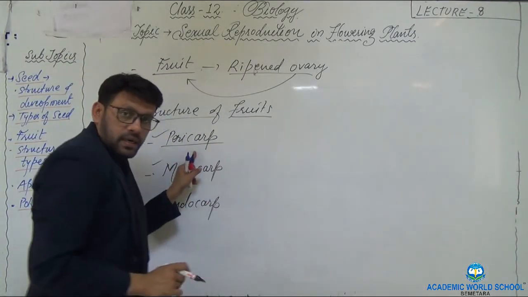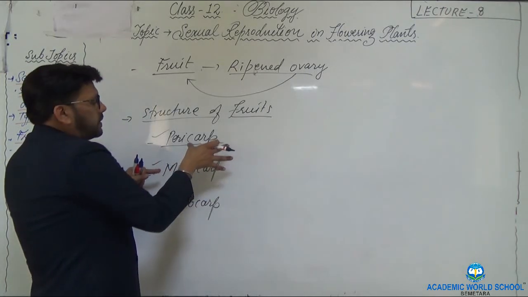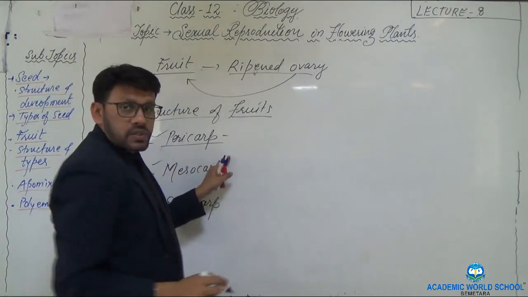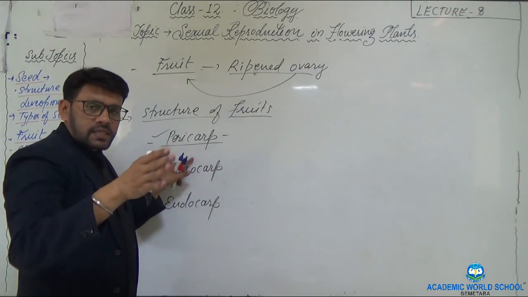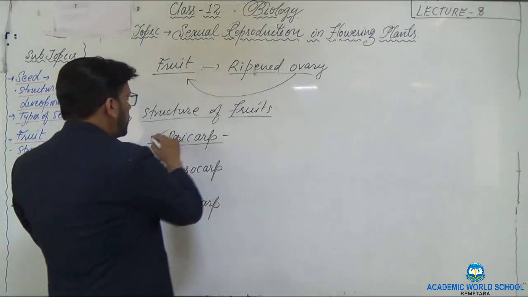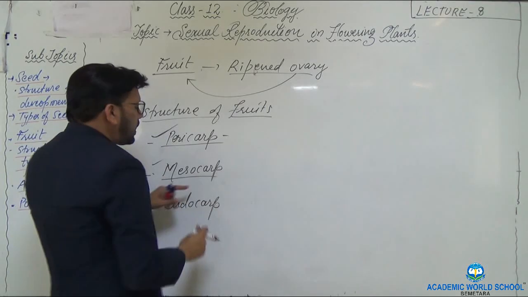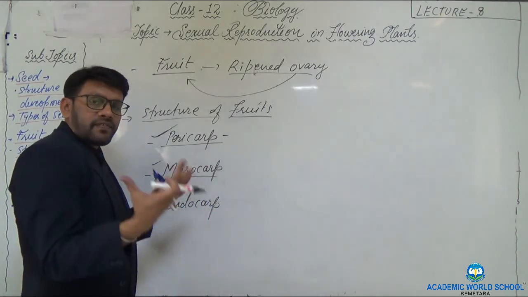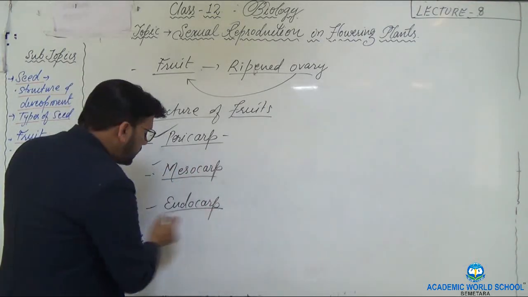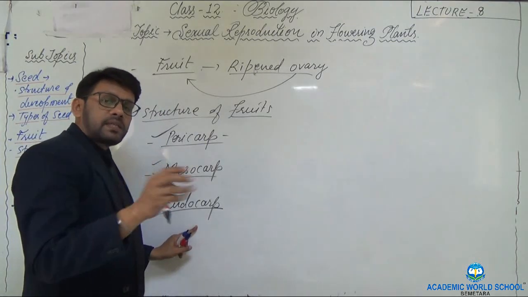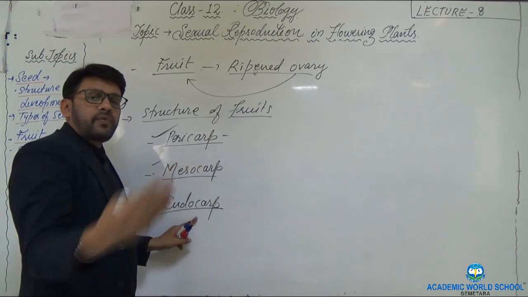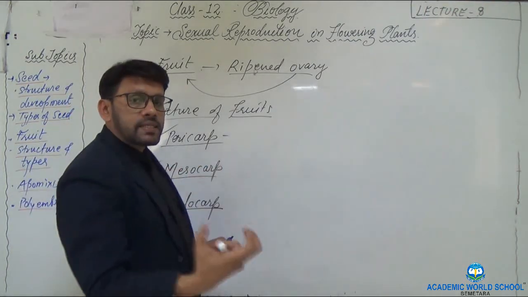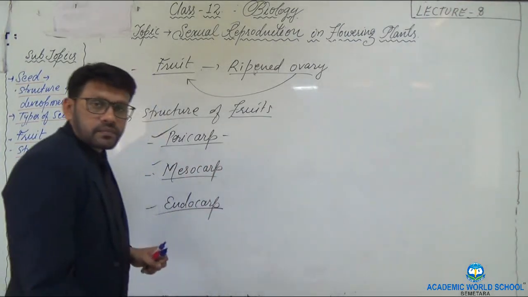Pericarp or the epicarp is the outermost covering of the fruit. Mesocarp is the middle fleshy part of the fruit. And then the endocarp is the innermost layer of the fruit, from where the hard part, or we can say the seeds, are present.